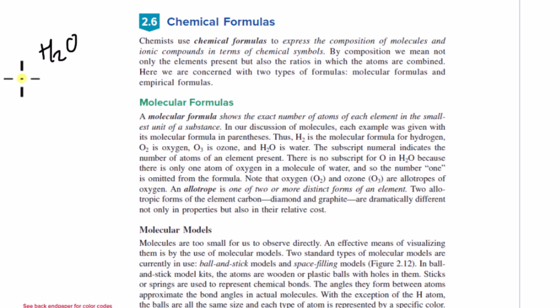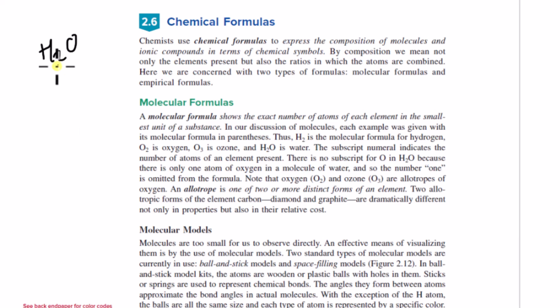That's what a molecular formula is. It's the chemical formula corresponding to a molecular substance. So if you told someone that this is a molecular formula, then you know this type of substance is composed of hydrogen and oxygen. For every 2 hydrogen atoms, there's 1 oxygen atom.